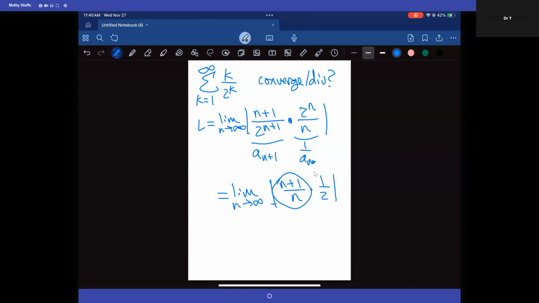And what is that limit? Well, I hope by now in this class you can tell that that limit is 1. So this whole limit is 1/2. That means that this ratio, this L, is less than 1. And so this series converges.